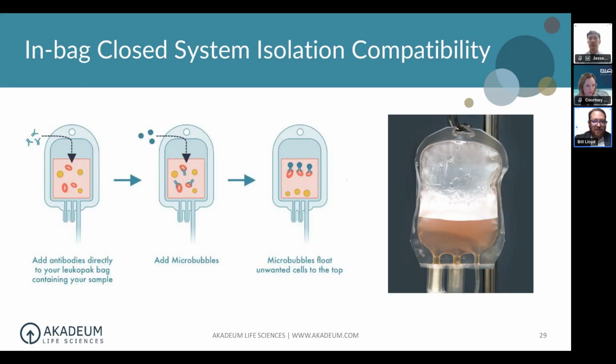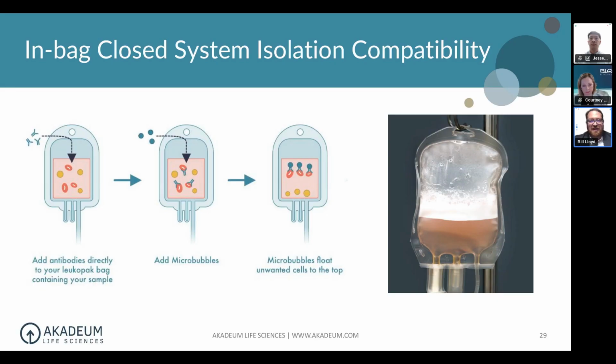Now, in particular, when we're working with in-bag closed system isolations, right, we're able to perform these isolations in the bag the cells are collected. We do that by adding the antibodies directly to the leukopak bag. They will label our impurities. We then add in the microbubbles that will use the streptavidin-biotin interaction to grab onto the impurities.